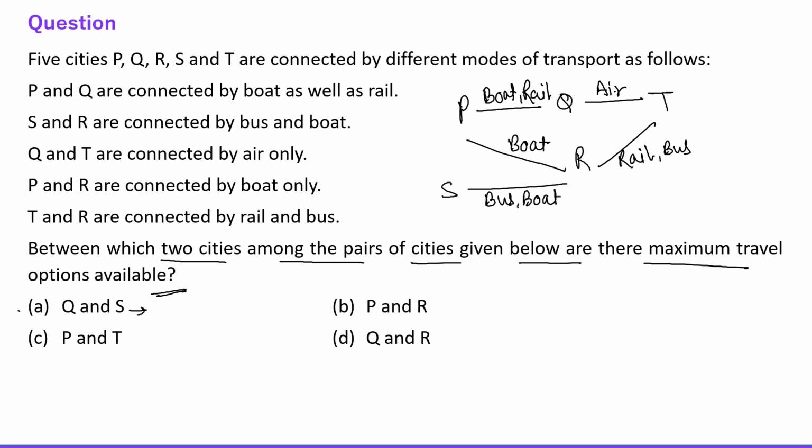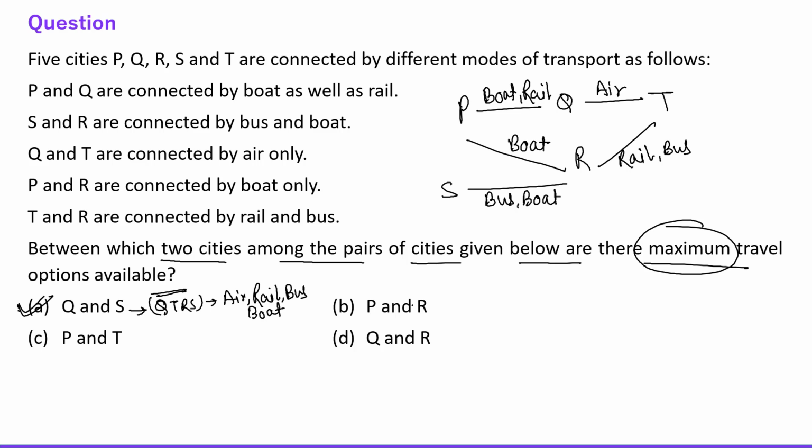And if we are going from here, so this is air, rail, bus and boat. The thing is, they are asking for the maximum. So Q to S, what route are we following? We are following Q, T, R, S, so we are getting air, rail, bus and boat. All four travel options are available.